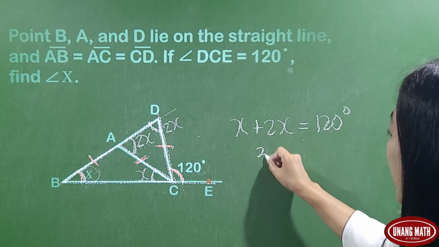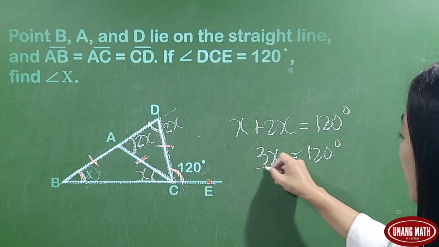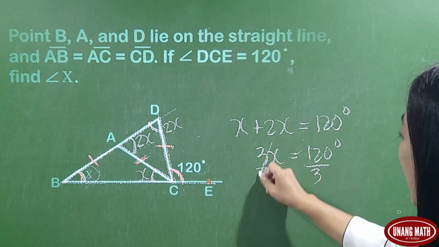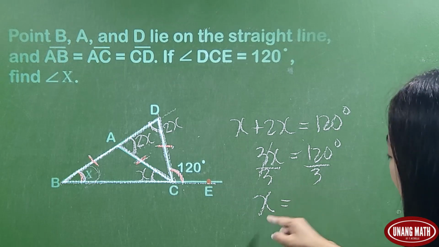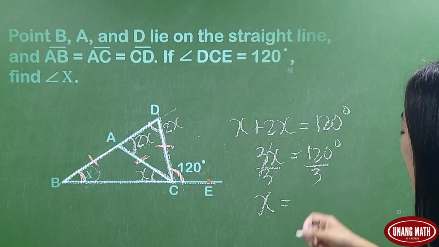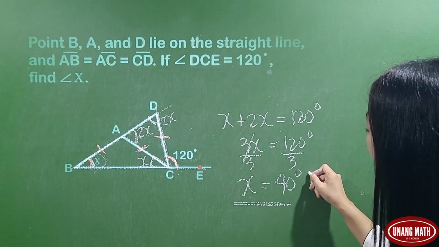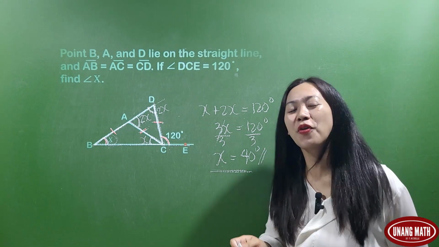So this is 3x is equal to 120 degrees. So dividing both sides by 3, then that means the measure of angle x is 120 degrees divided by 3, and that is 40 degrees. So angle x is 40 degrees.